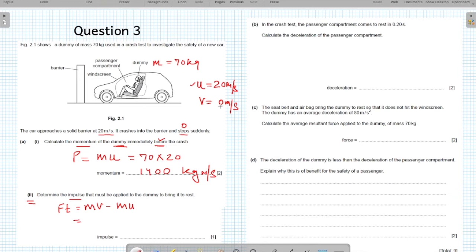V is 0. So 70 times 0 minus mu value, which you have already calculated in the previous step, or you can simply write it again if you want to.